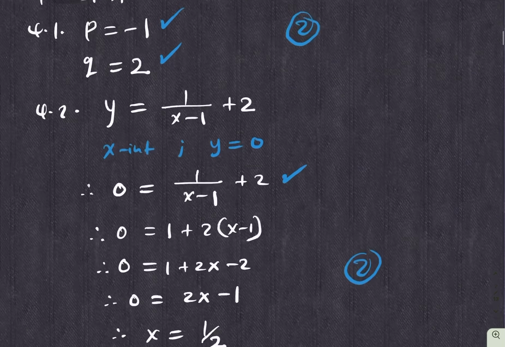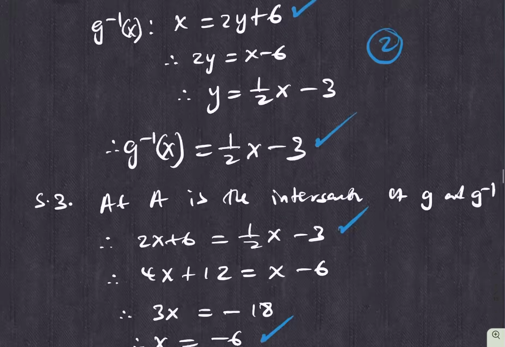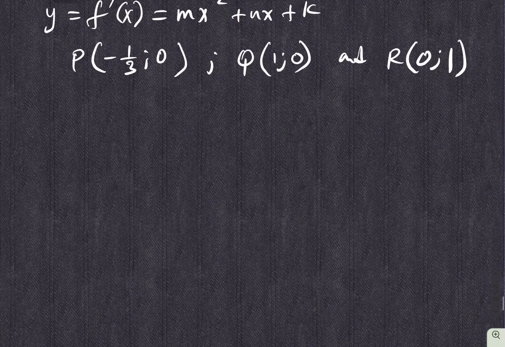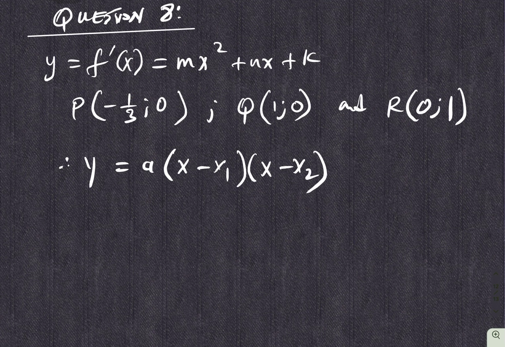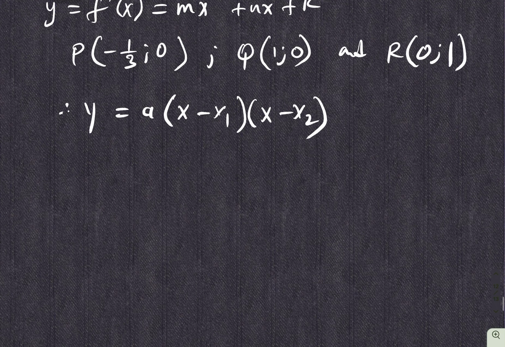But check, Q and P are x-intercepts. So I'm going to use the intercept formula for the quadratic, because this is quadratic. I will say that y equals a into x minus x1 into x minus x2, where x1 and x2 are the x-values at P and Q respectively.